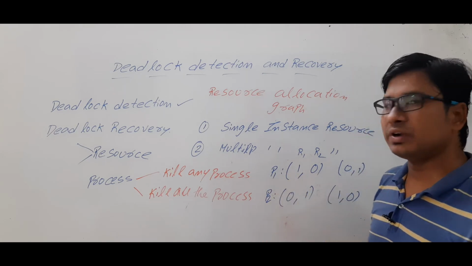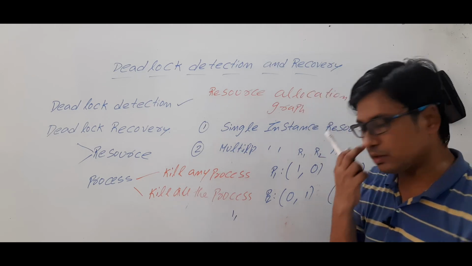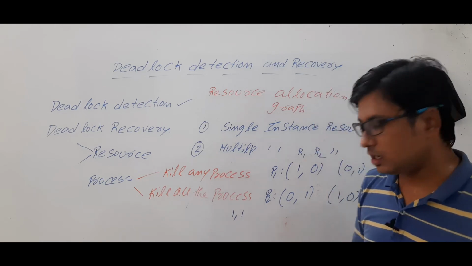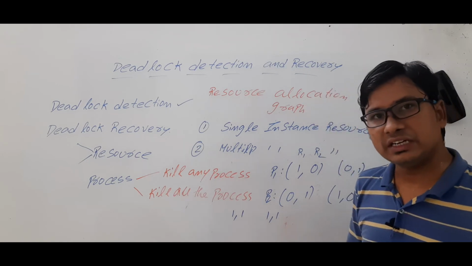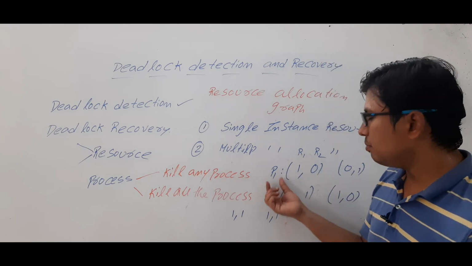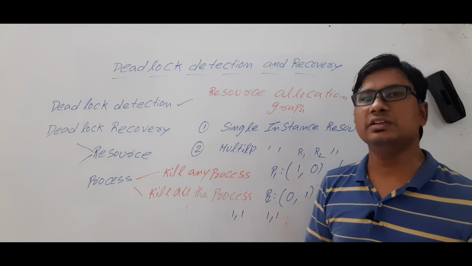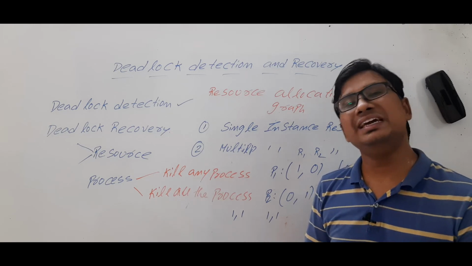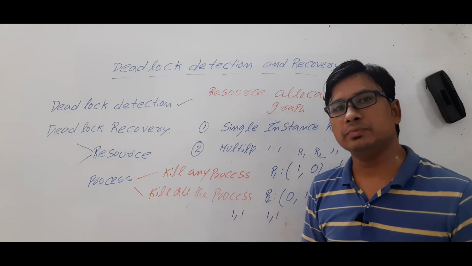Now process P1 can complete its task when it has one instance of resource R1 and one instance of resource R2. Similarly, process P2 can complete its task when it has one instance of resource R1 and one instance of resource R2. Both processes are waiting for the other to release resources, so that leads to a deadlock. So what is meant by no preemption?